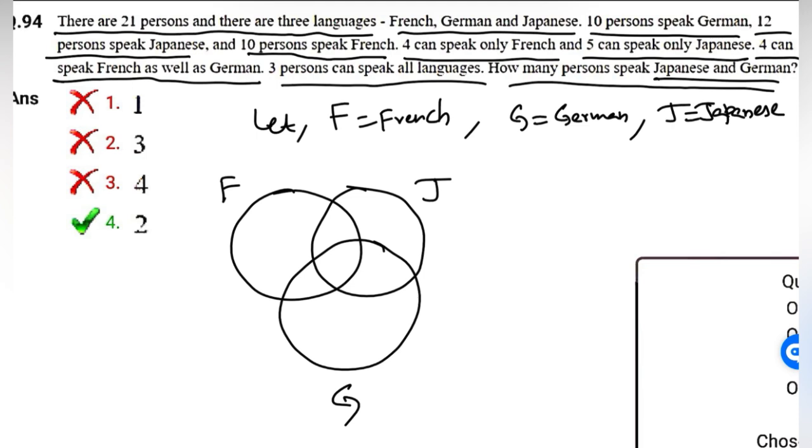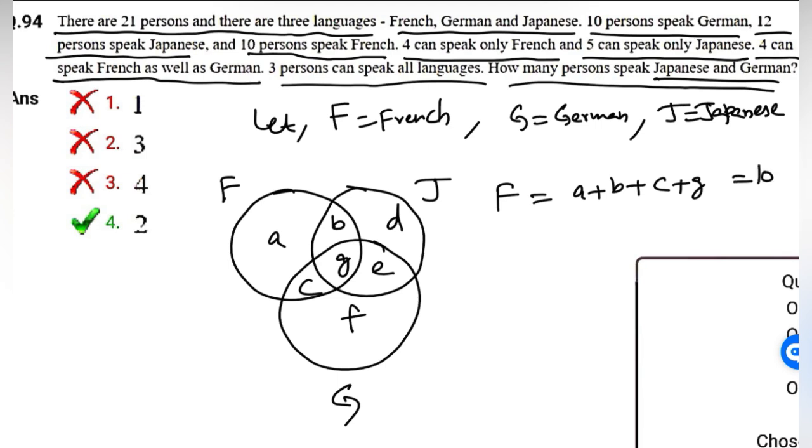Let it be A, B, C, D, E, F and G. Here French F is equal to A plus B plus C plus G and is given as 10.